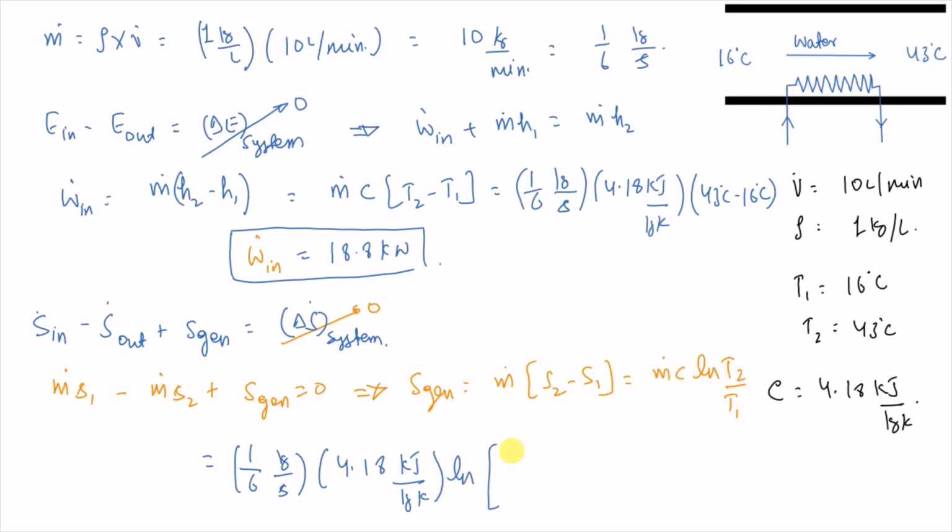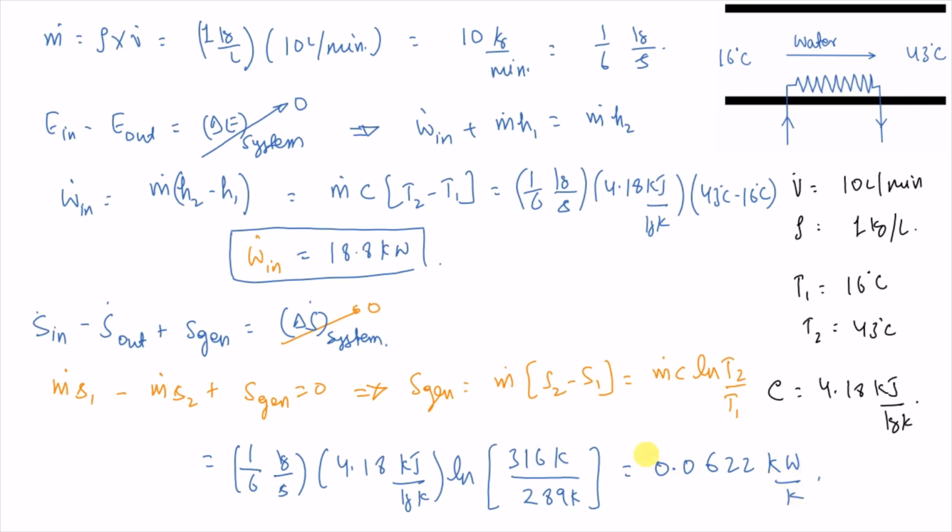So T2 we have 43 degrees Celsius. If we convert this into Kelvin, we'll get 316 Kelvin divided by 289 Kelvin. So we're going to solve this and we'll get the value as 0.0622 kilowatt over Kelvin.